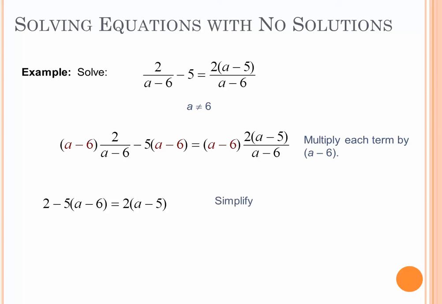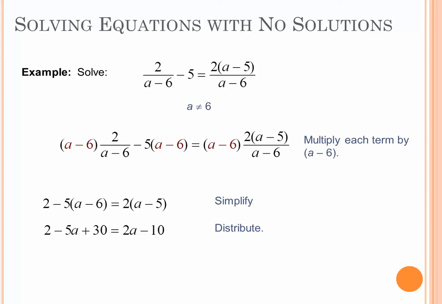We can cancel out the extras, and we're left with 2 minus 5 times a minus 6 equals 2 times a minus 5. Now we want to clear away the parentheses by distributing. Keep in mind on the left-hand side, you're distributing a negative 5.